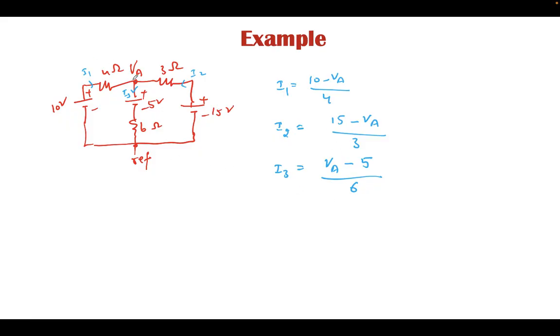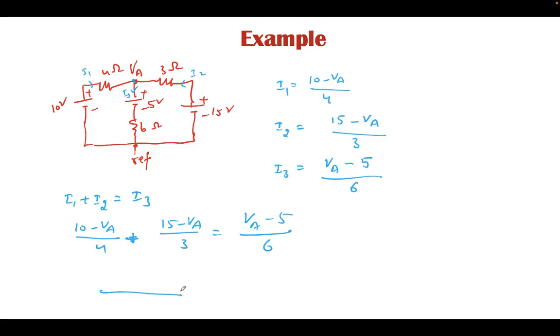Now applying KCL at this node, it will be I1 plus I2 is equal to I3. Now putting the values of I1, I2, I3 here: (10 minus VA) upon 4 plus (15 minus VA) upon 3 is equal to (VA minus 5) divided by 6.